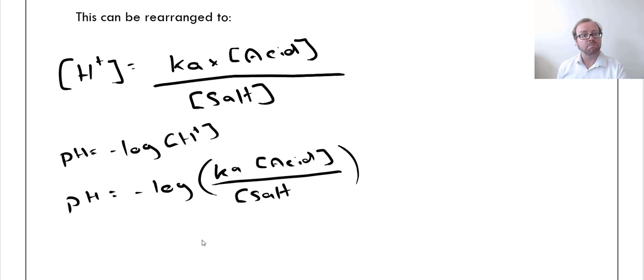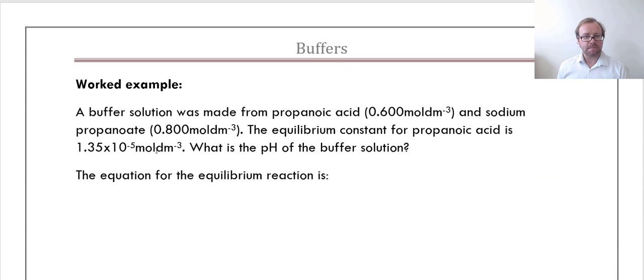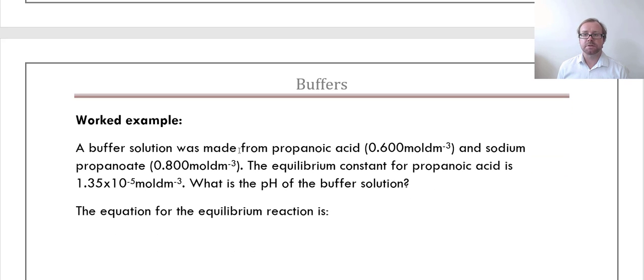So if I didn't want to do both of these equations, I could put them into one and we would get this. Okay, so I think this is pretty straightforward, so I'd like you to have a go at this one. So have a go at doing this worked example.